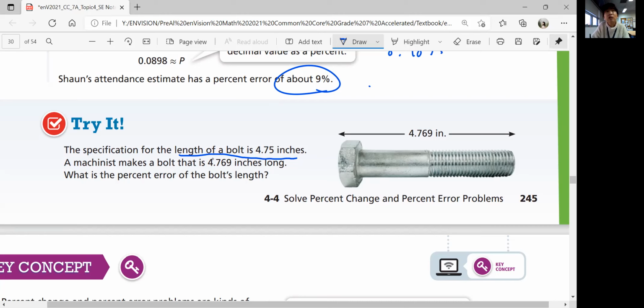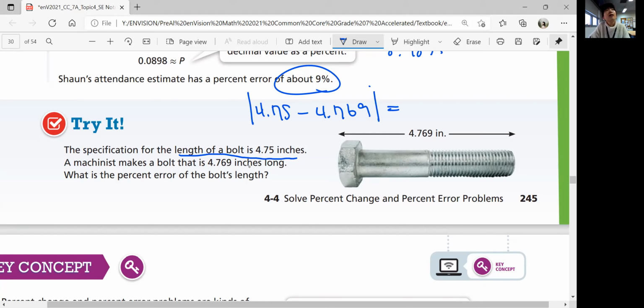It is close to 4.75, but we want to know the percent error. This bolt is actually 4.769 inches. So we're going to find the difference and find what that inch is, represented as a percentage from the whole. 4.75 minus 4.769, absolute value, is the difference.